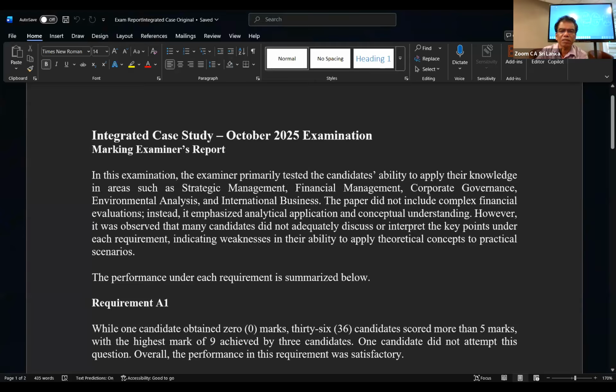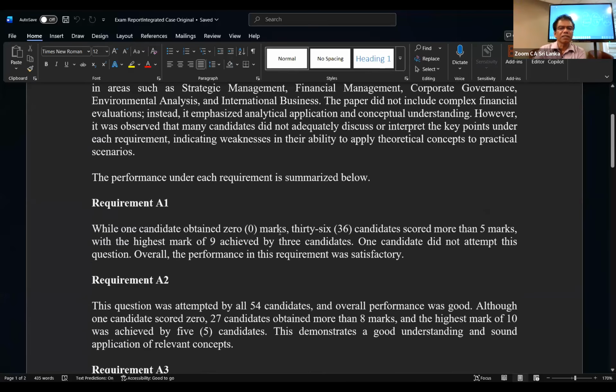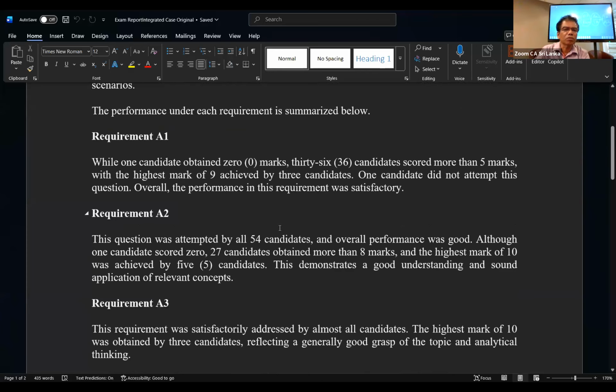Instead, it emphasized analytical application and conceptual understanding. However, it was observed that many candidates did not adequately discuss or interpret the key points under each requirement, indicating weaknesses in their ability to apply theoretical concepts to practical scenarios. Then the performance under each requirement is summarized below. Requirement A: while candidates obtained 0 marks, 36 candidates scored more than 5 marks.